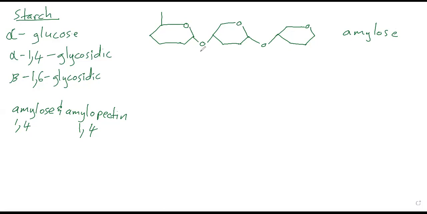But I wanted you to draw them to show how you would remove the water to end up with this. So this is amylose, a section of amylose. Now below that, I am going to put amylopectin.